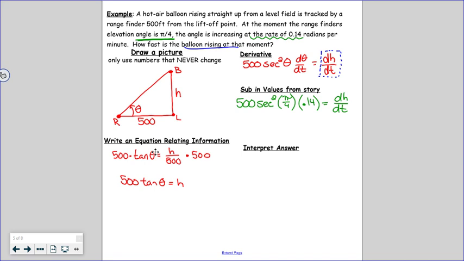Squaring it here is the same thing as squaring it on the outside of that. As I type this in my calculator, that's how I'm going to want to do that. Figure out what this is and square that result. Okay. Times 500 times 0.14.